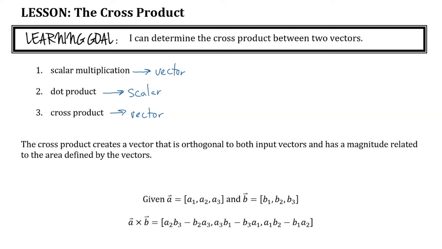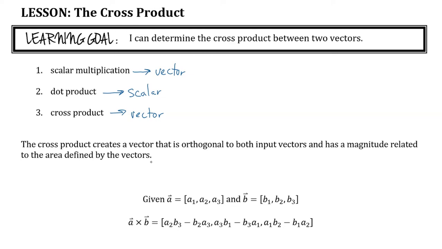The dot product is between 2 vectors. So the input is 2 vectors, and the output is a scalar. Same with cross product. The input is 2 vectors, but the output is another vector, and that vector has relevance. It means something relative to the first 2 vectors.